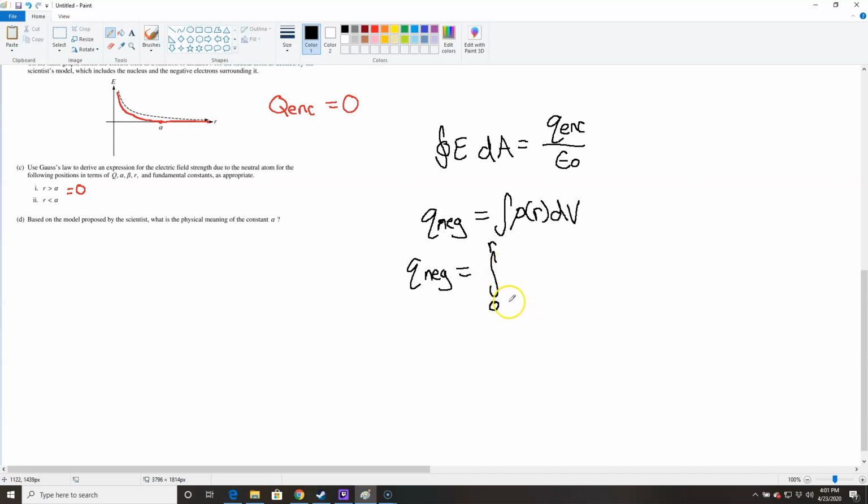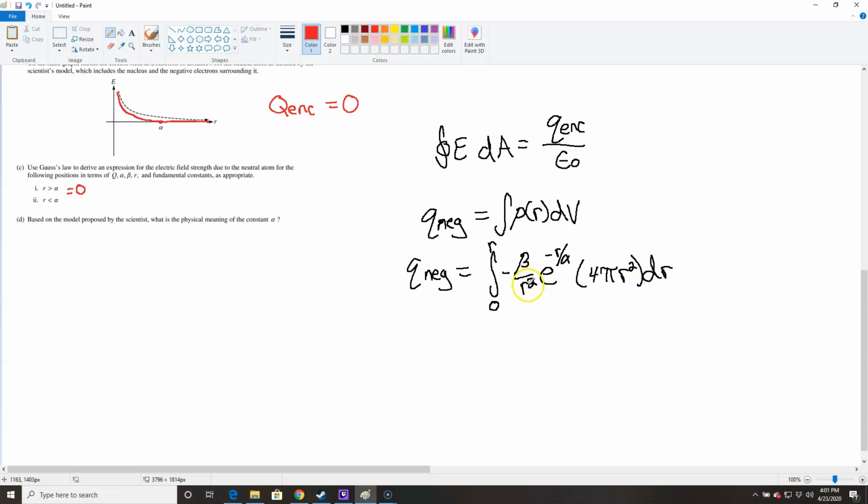The integrand is negative beta over r squared, e to the negative r over alpha, as given, and then dV. dV is going to be the surface area of the sphere, 4 pi r squared dr.